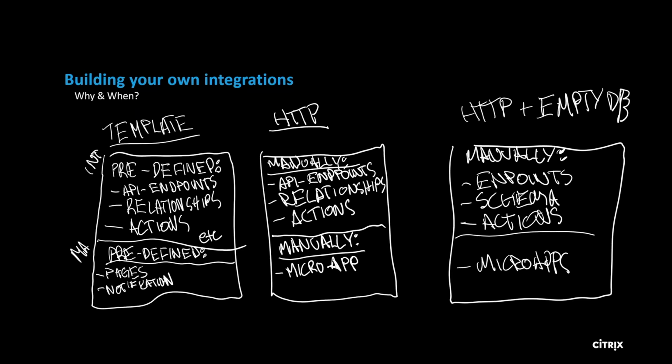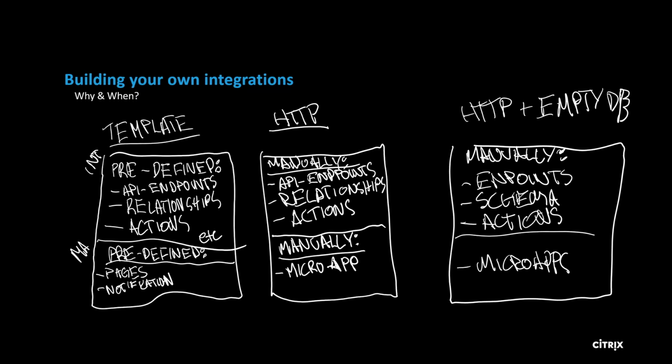So there's essentially three ways you could utilize this service. You can have the template integration, and the only thing you actually supply is your credentials for the service accounts. You can have the HTTP integrations, where you actually connect to a predefined data structure or data schema.